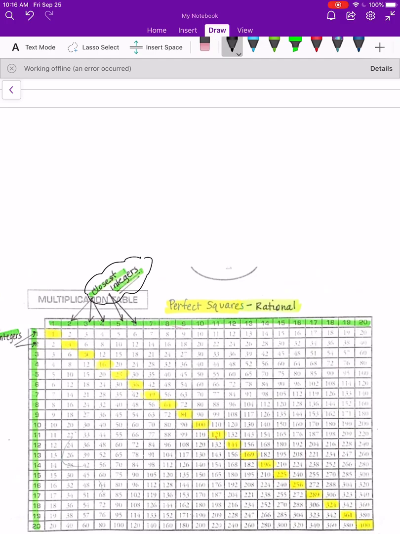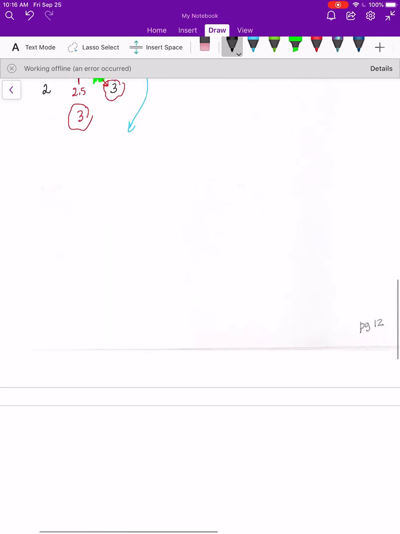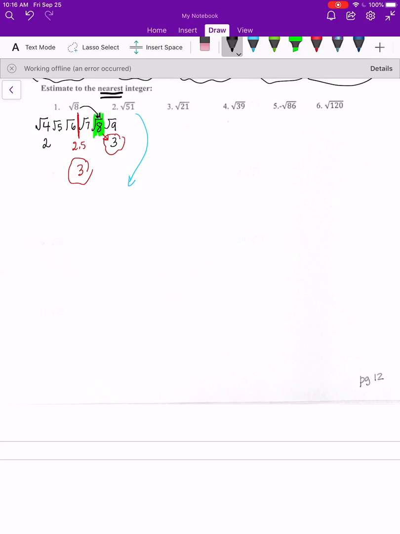So that's going to be between 49 and 64. So let me start there. So I have the square root of 51. I'm just going to rewrite it so I have some more room. And it's between 49 and 64. So now I need to kind of go between.